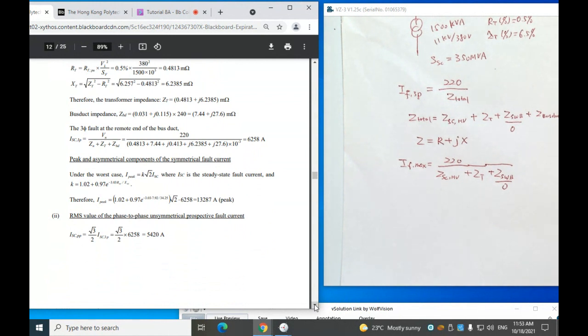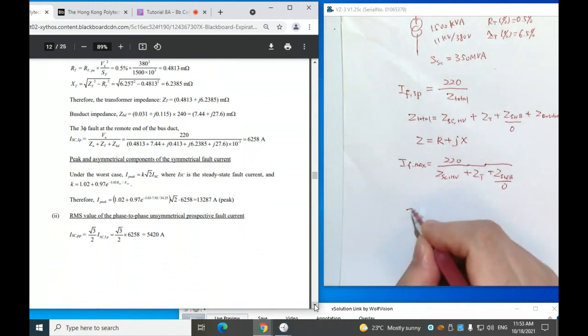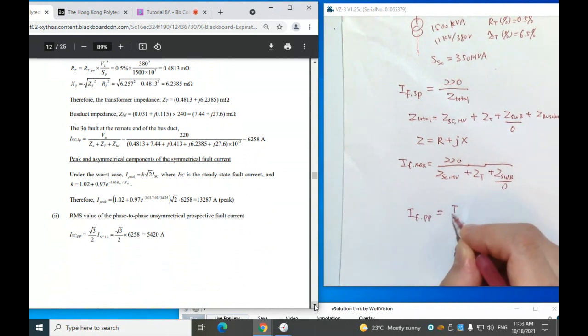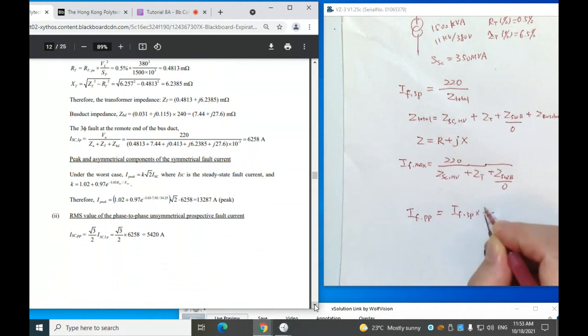Generally speaking, phase-to-phase fault current is equal to the 3-phase current multiplied by root 3 over 2. This is a fixed constant.